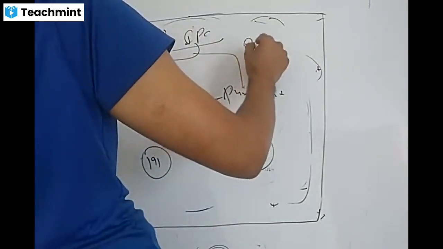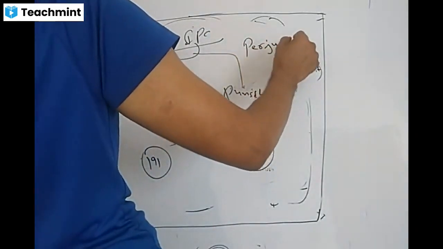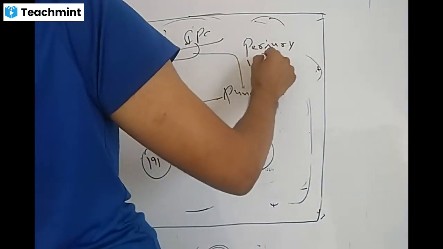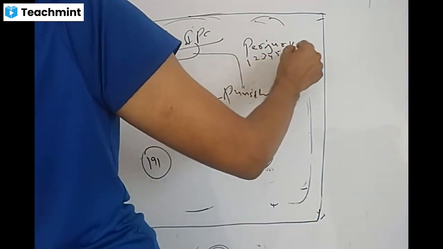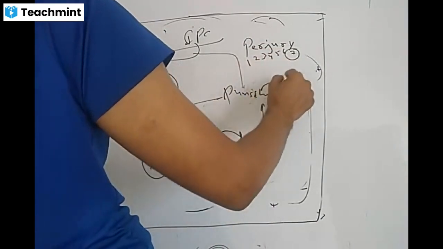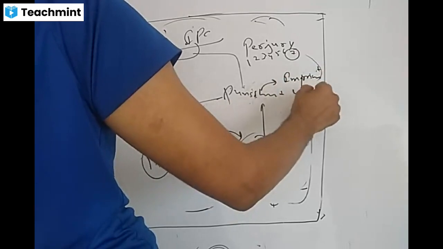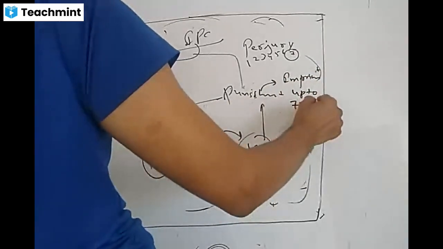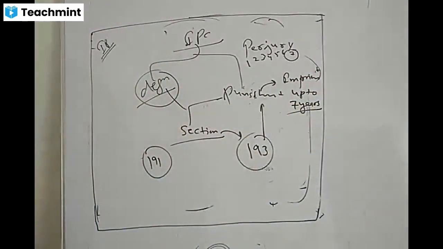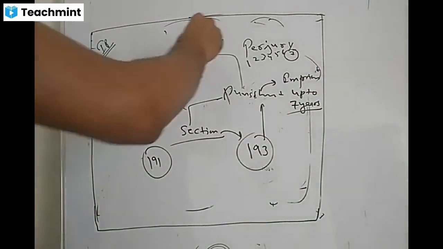What is the punishment? If we write the word perjury, 1, 2, 3, 4, 5, 6, 7, it means the punishment is imprisonment up to 7 years. So this is our IPC, Indian Penal Code 1860.